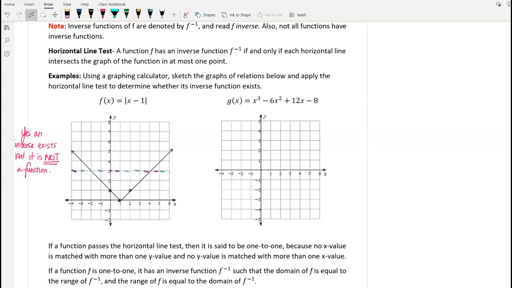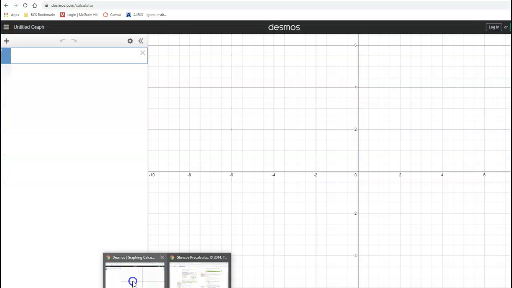All right, so now I have g of x equals x cubed minus 6x squared plus 12x minus 8. It says using a graphing calculator. I can't do this transformation in my head. So let's go ahead and use that graphing calculator. So I'm going to go to my Desmos calculator because that's my free online calculator that I love, love, love to use.